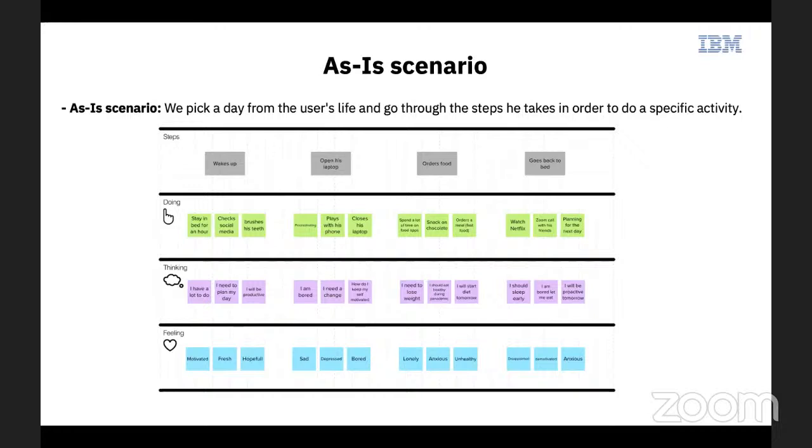We have what he is doing in each step, how he is thinking about each thing he's doing in his day, and how he is feeling. From the feeling in the as-a-scenario phase, we will be able to figure out if Yasser is actually happy or feeling bad about it. So we try to point our fingers on what the pain points of Yasser are.